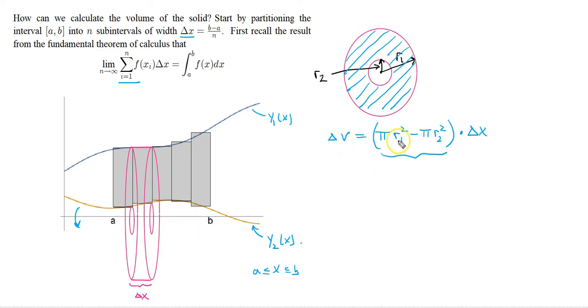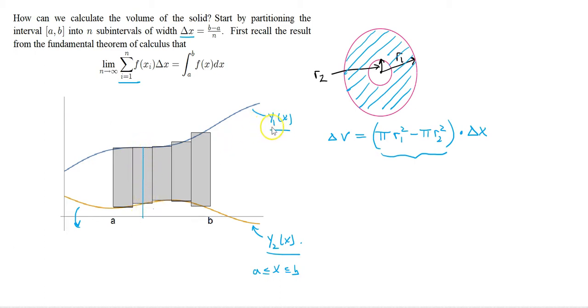But now what we need to do is relate R1 and R2 to our given functions y1 and y2 over here. Well, the R1 is going to be this distance. I'm going to have to erase this over here. You see that distance right there is R1.